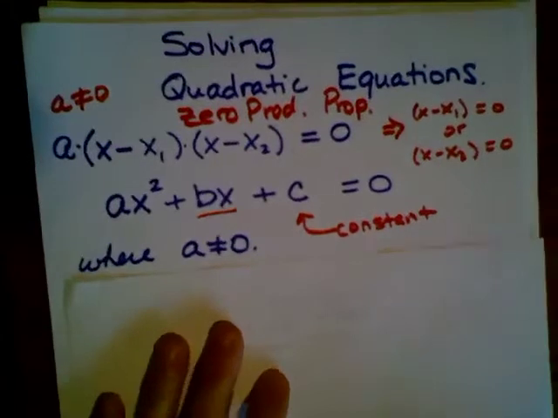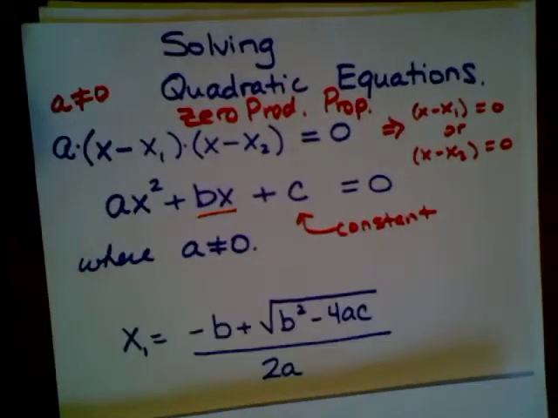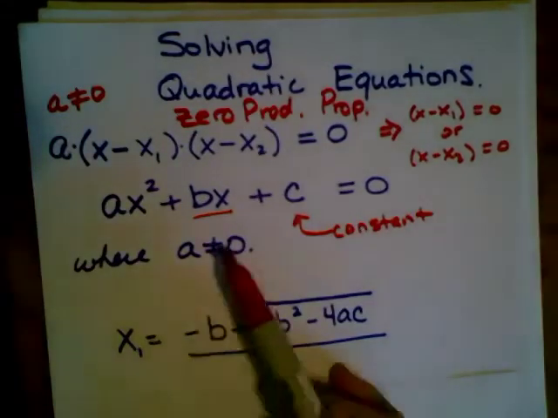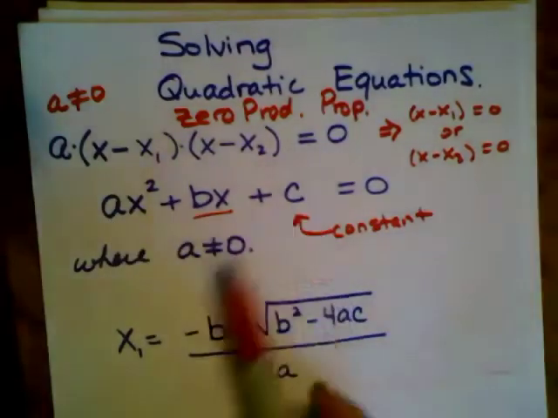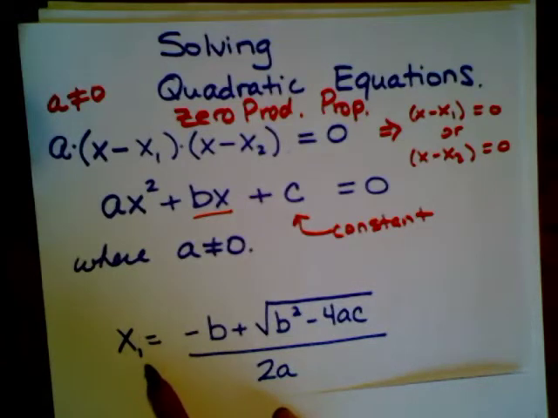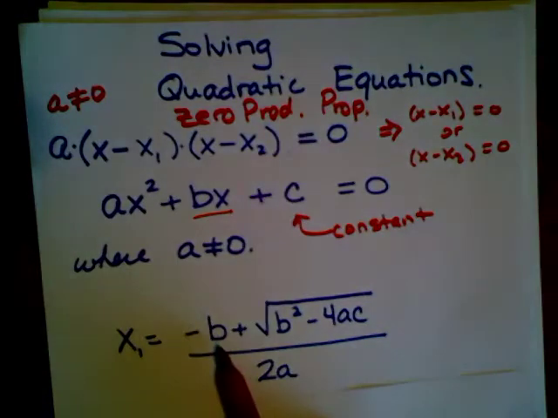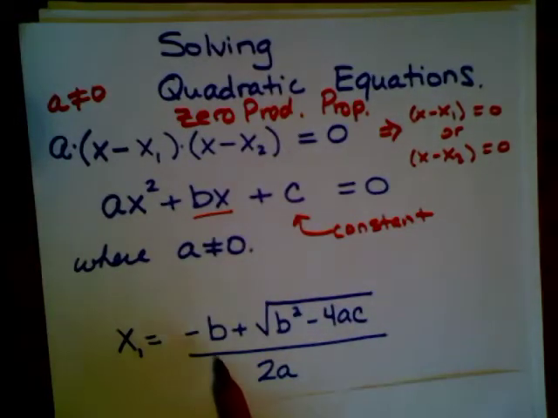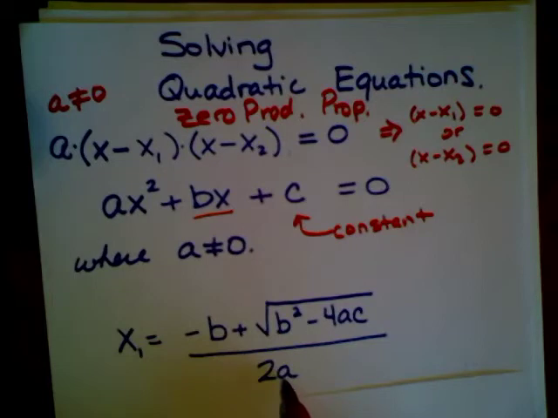And we've learned in earlier classes that if there are two solutions, the first solution can be written down in terms of the coefficients a, b, and c. The first solution, x sub 1, would be the opposite of b plus the square root of the difference, b squared minus 4ac, all over 2a.